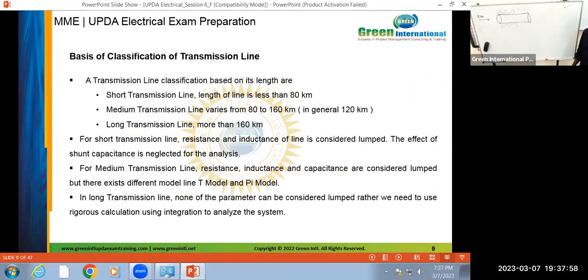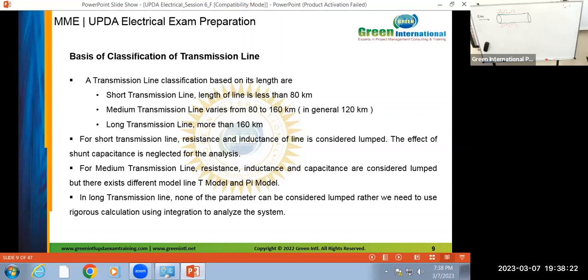Transmission lines are broadly classified based on distance. This was not asked in the exam, I just kept the slide. The transmission system is classified into three categories: short transmission line, medium transmission line, and long transmission line.